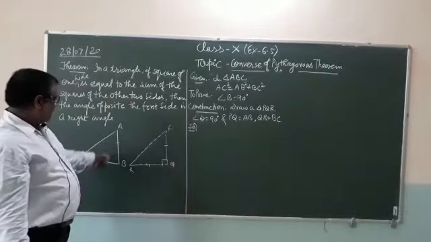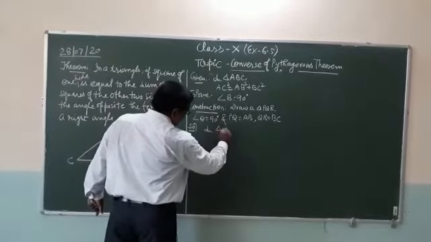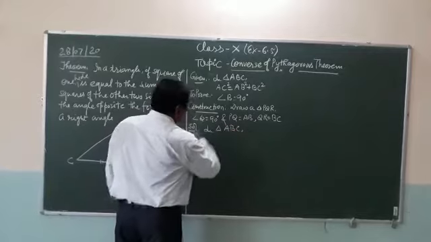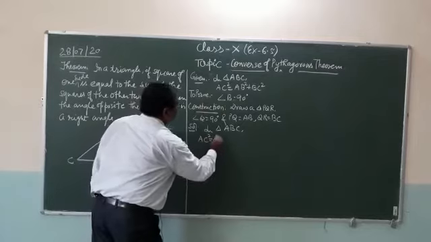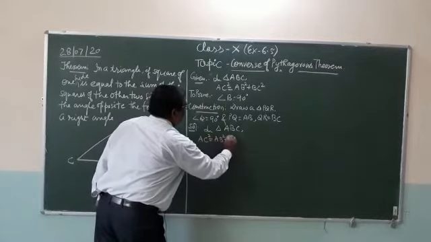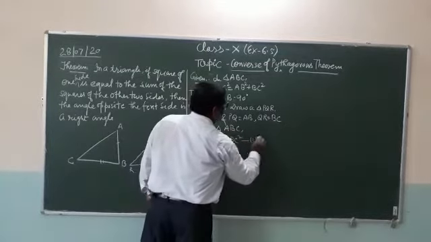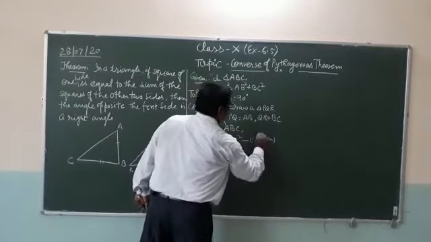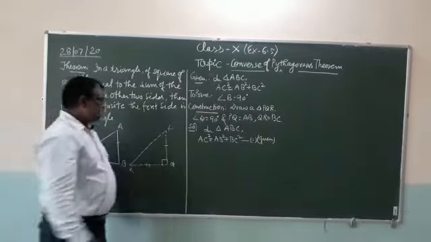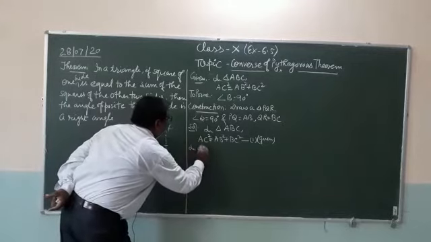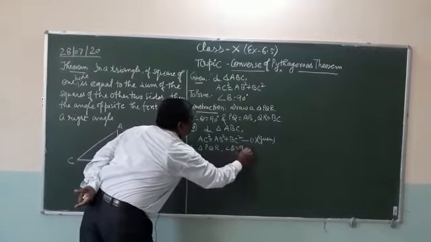First of all we write this. We know that in triangle ABC, what is given? AC square is equal to AB square plus BC square. Now this is given, equation number 1. Secondly, in triangle PQR angle Q is equal to 90 degrees.